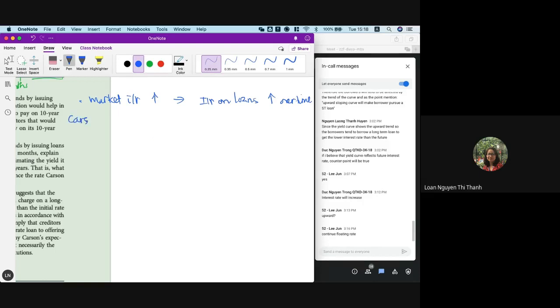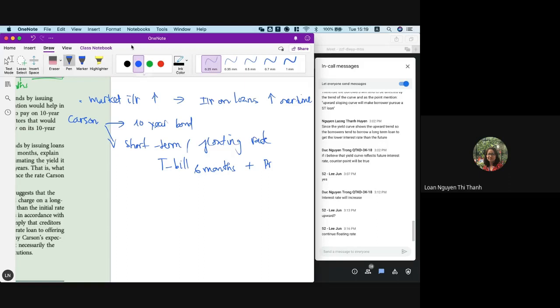So Carson here issues a 10-year bond. Of course, the prevailing interest rate will be lower on the loan than the 10-year bond, but given the expectation here, a 10-year bond, or they have the short term and floating rate note, floating rate like Treasury bill, 6 months, with some premium.